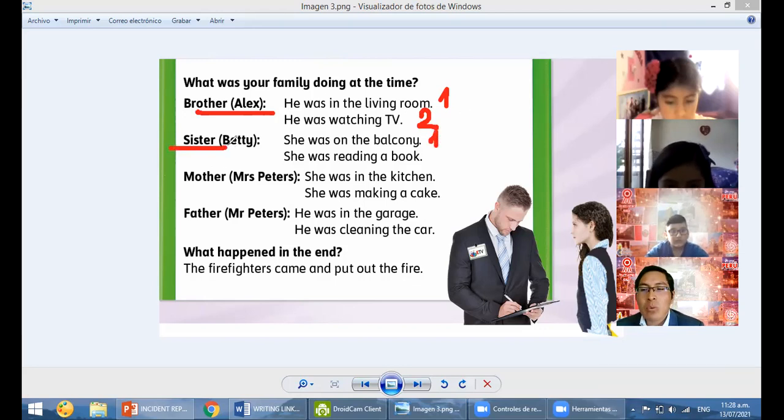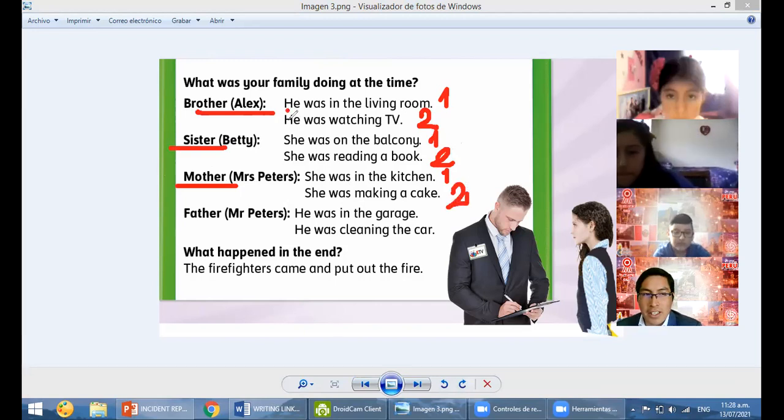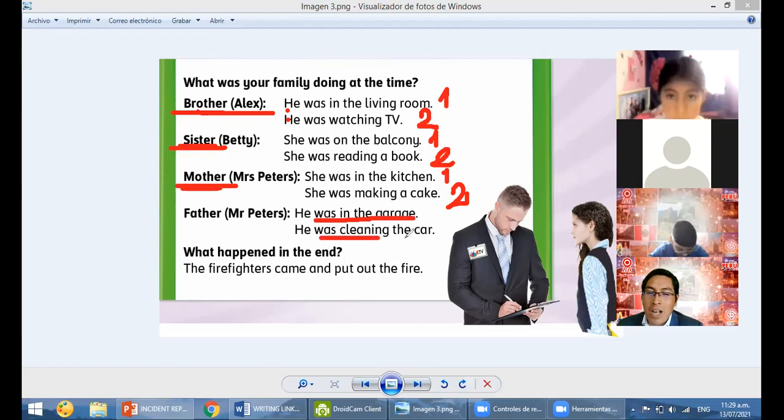What was she doing? She was reading a book. Where was your mom? Oh, she was in the kitchen. 1 idea. What was she doing? She was making a cake. 2nd idea. 2 ideas for each person. Tenemos que ponerle dónde está. Yes, 2. Where and what was he or she?